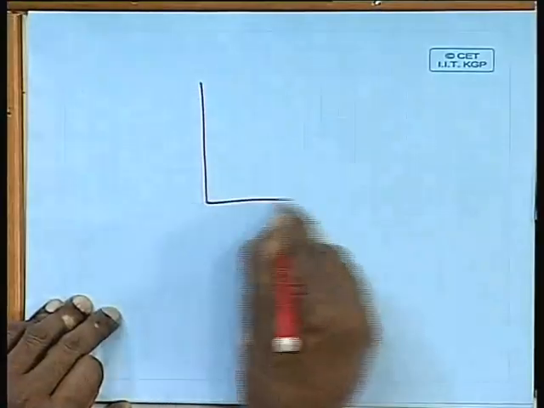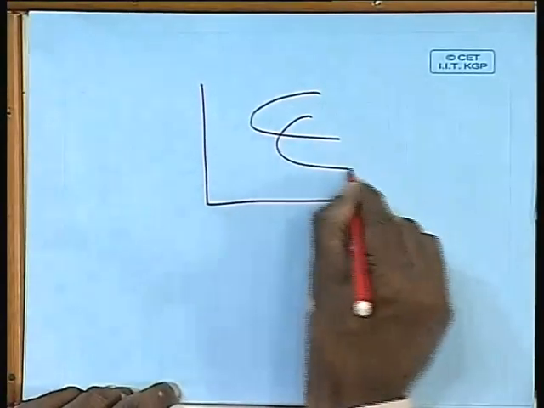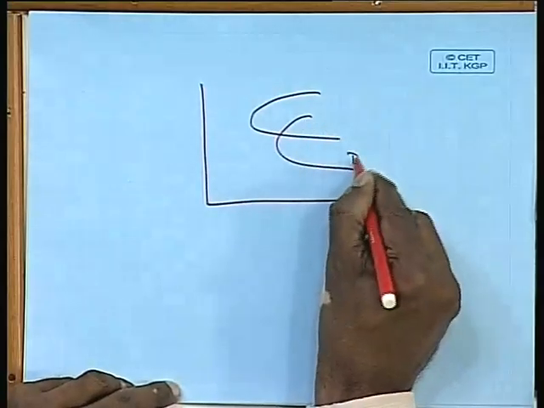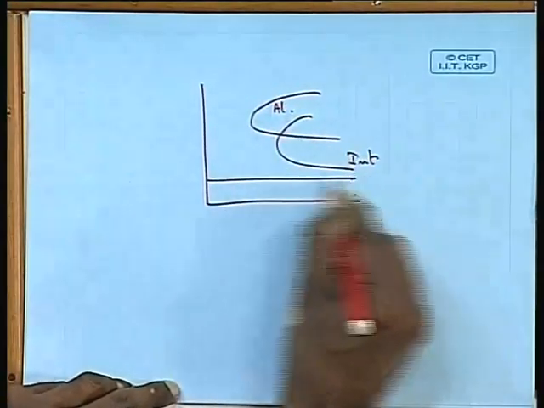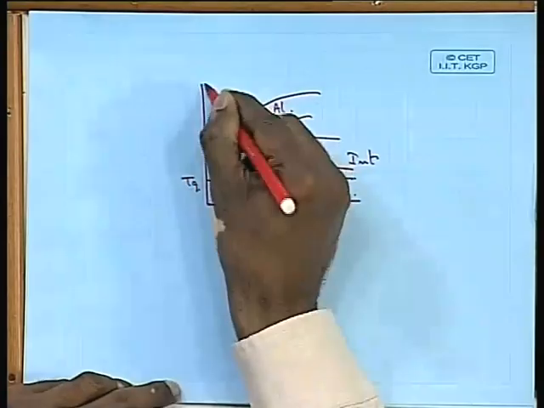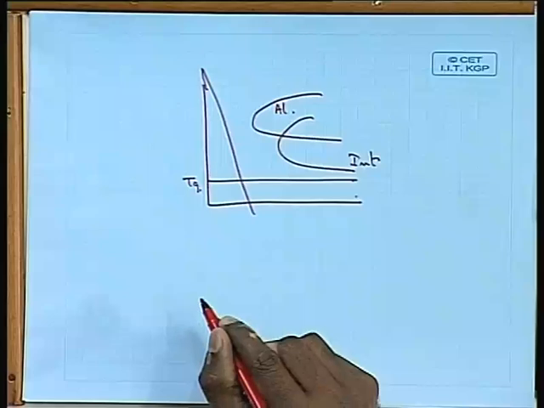As I showed you in the last class, if you look at the TTT diagram, if this is aluminum and this is intermetallics basically, and you have a Tg here, if you try to cool it very rapidly, you get a glass.